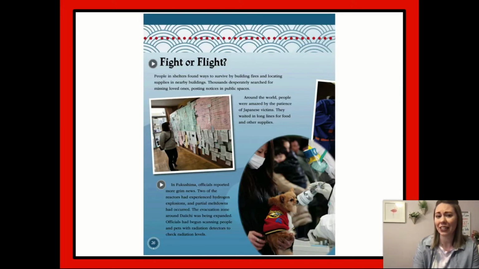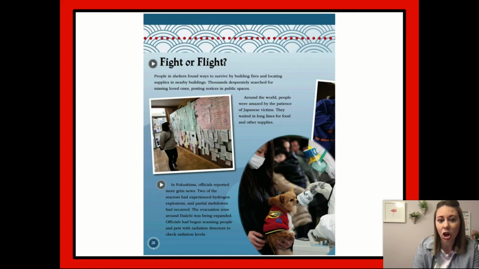So back to our text from A Tsunami Unfolds, we have fight or flight. It says, people in shelters found ways to survive by building fires and locating supplies in nearby buildings. Thousands desperately searched for missing loved ones, posting notices in public spaces. Around the world, people were amazed by the patience of Japanese victims.